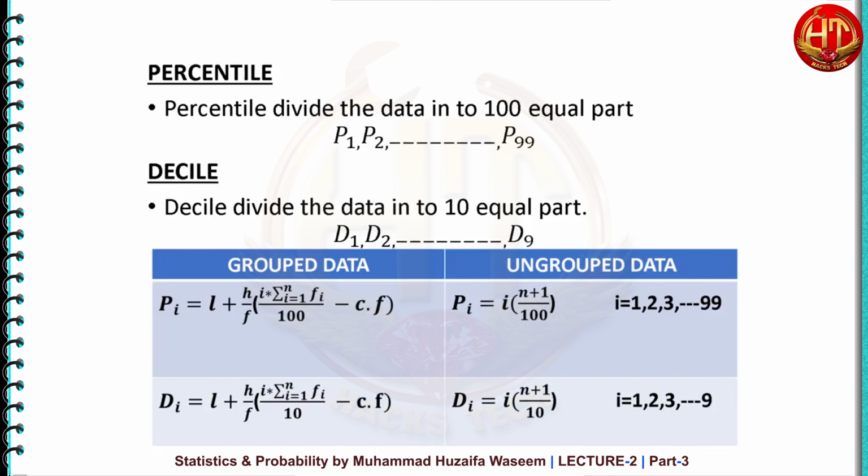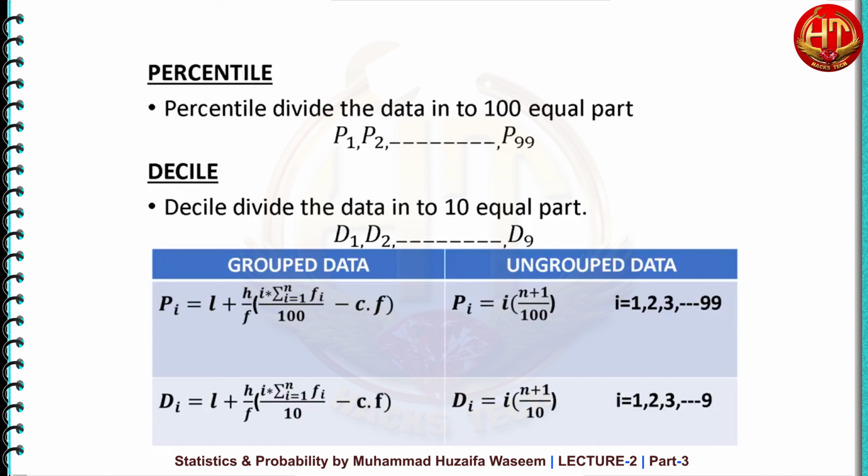So these are your formulas for grouped data and ungrouped data, same as previous for quartiles. For grouped data you calculate percentile like this, and for ungrouped data you calculate percentile and decile like this. If you want to calculate the second percentile, put i equal to 2. If you want to calculate the 50th percentile, put i equal to 50.